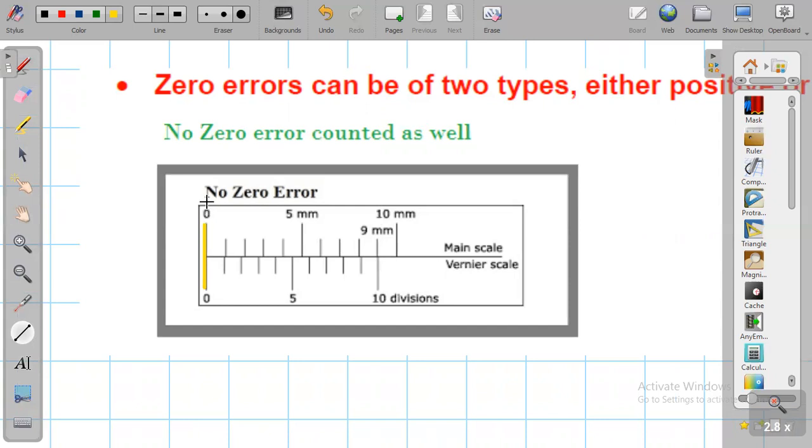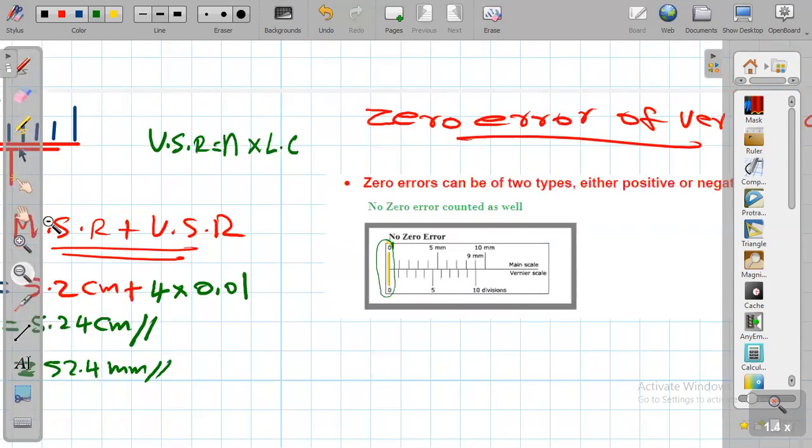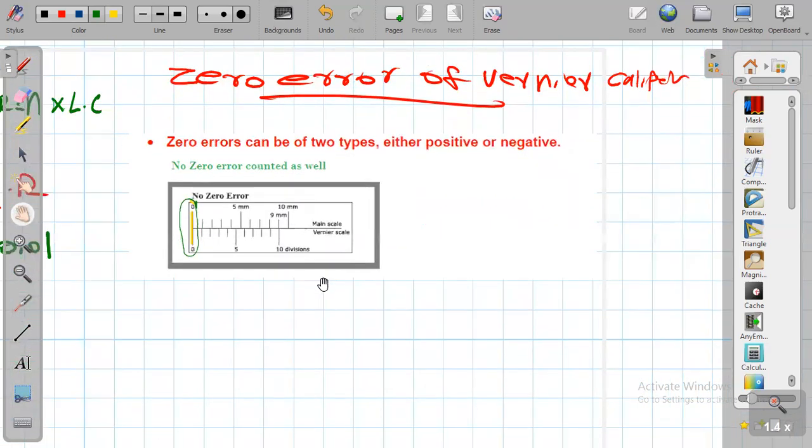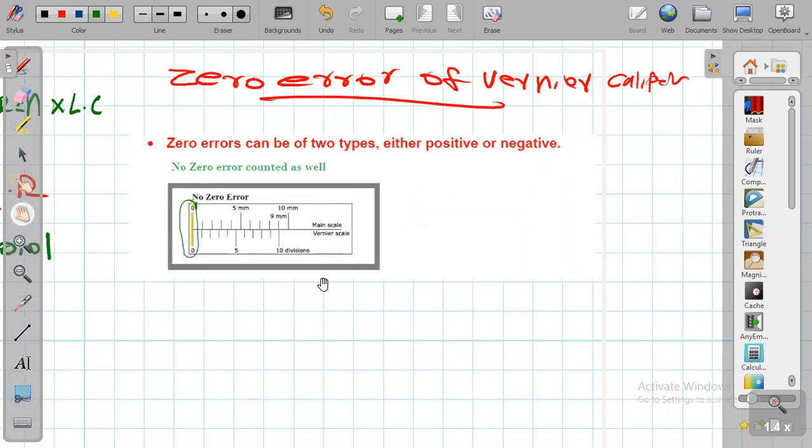So both the zero lines should coincide with each other, as this diagram represents. Okay? Understand that?